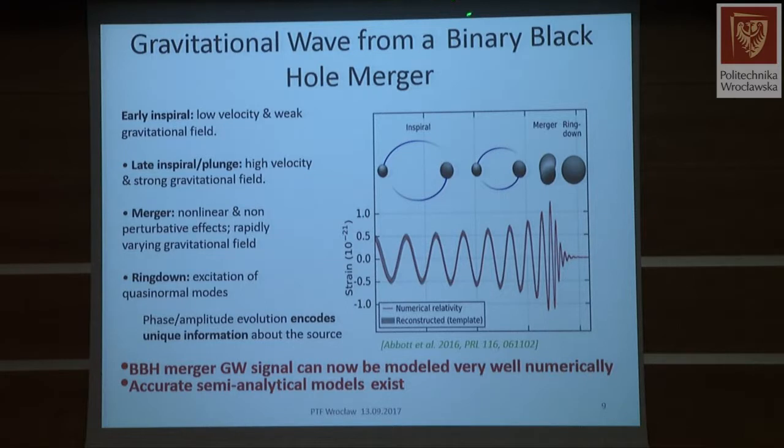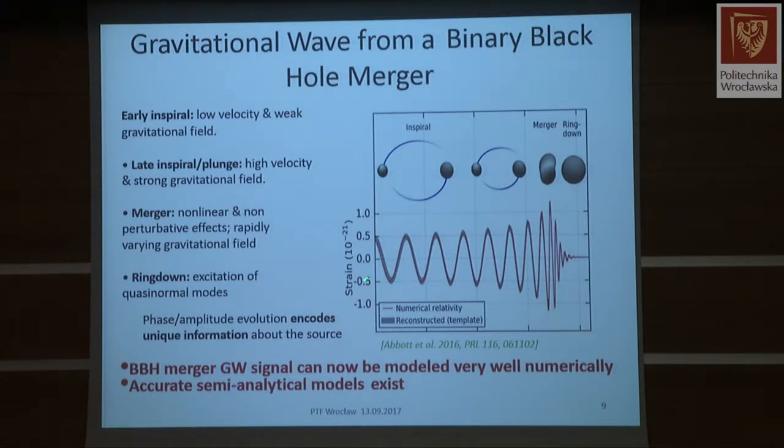As we know, what was detected is a signal from a binary black hole merger. This merger has 3 stages. First you have 2 black holes rotating around each other. When they rotate, this system emits gravitational waves. The orbit shrinks and the orbital frequency increases, and the gravitational wave frequency is twice the orbital frequency.